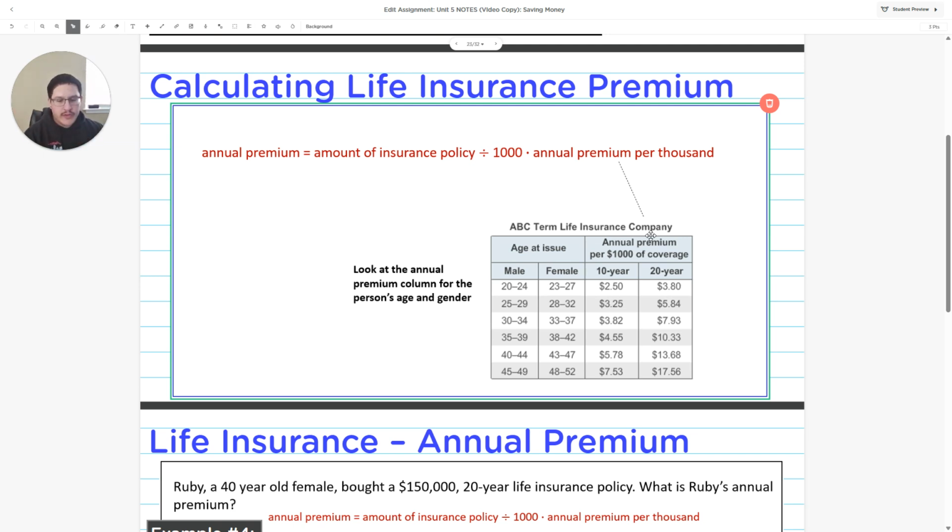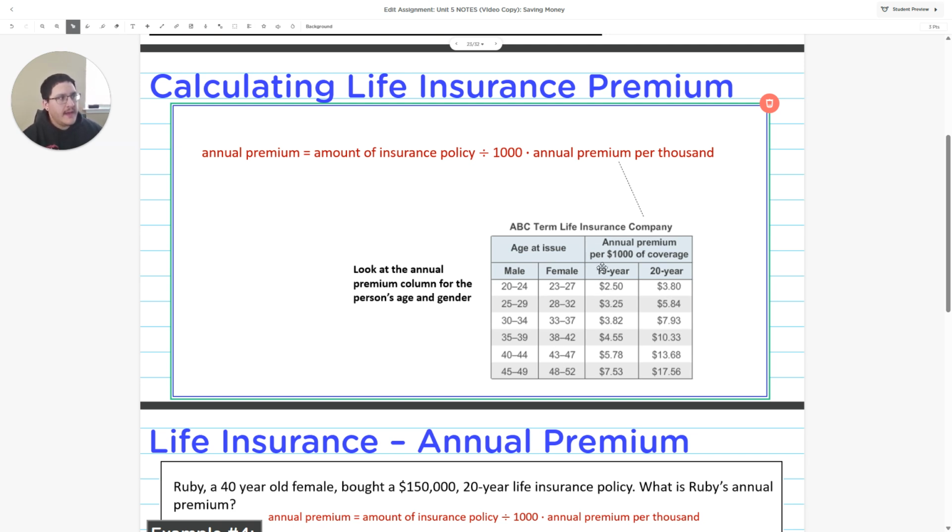The reason we're doing it this way is because we're going to be using a chart that has it broken down by age for males and females, 20 to 24 for males, 23 to 27 for females, and you can see the different age ranges for each of these columns.